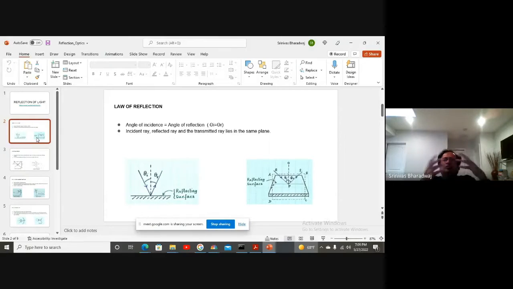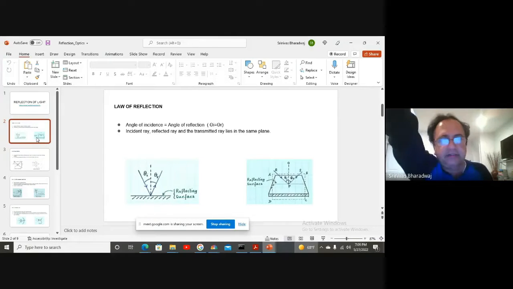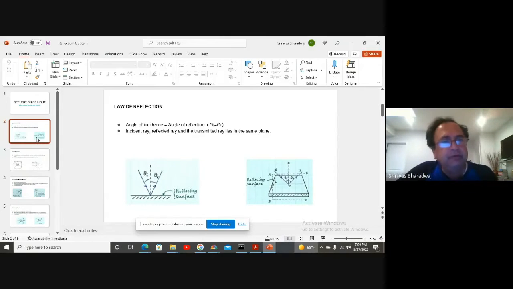I'm sure you've all seen it. When you stand next to, say, a lake, and you look at it, it's a clear lake. You will not only see the trees, but you will also see all the way to the bottom of the lake. Now, when you see the trees, there is reflection.